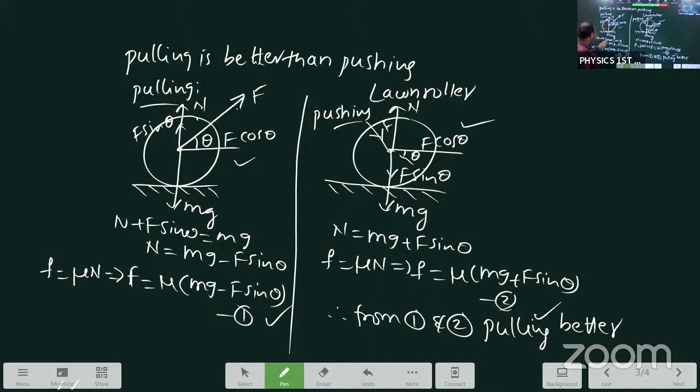Upward force equals downward force. We got equation number 1. Again, upward force equals downward force. We got equation number 2. One is a positive answer, one is a negative answer. Obviously the equation with minus is least. That's why from 1 and 2, pulling is better. This is the lawn roller case.